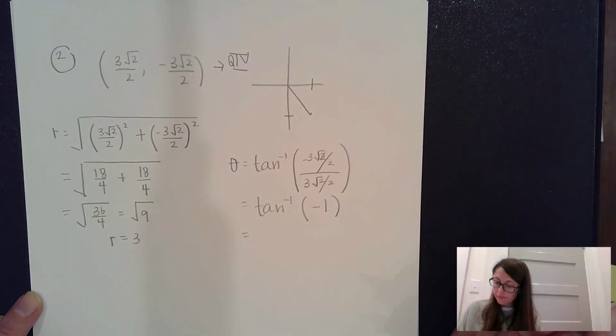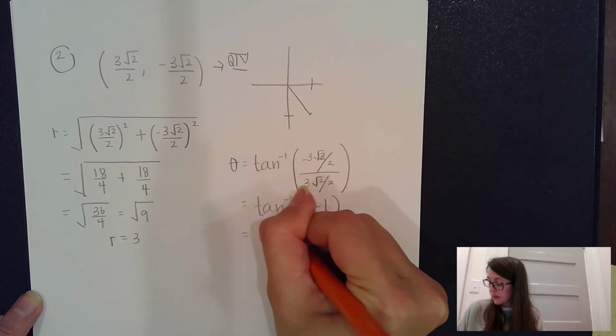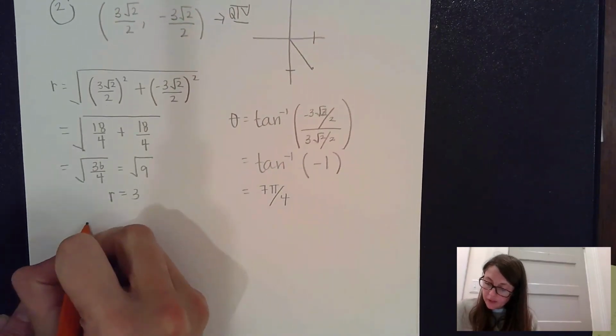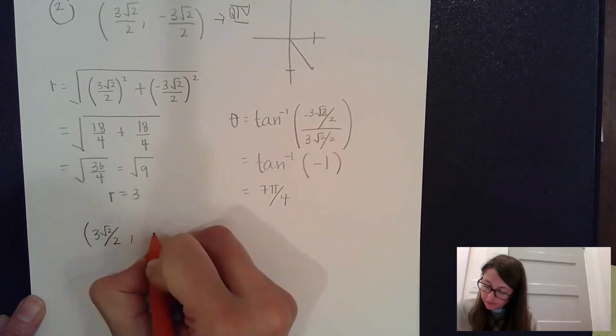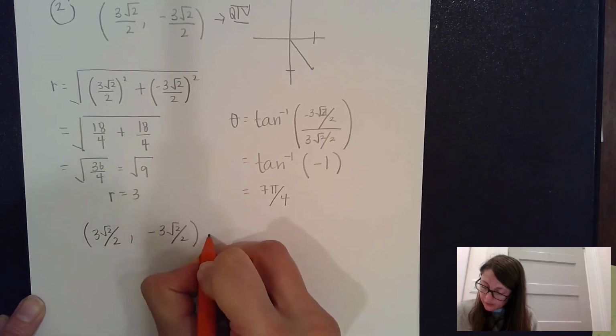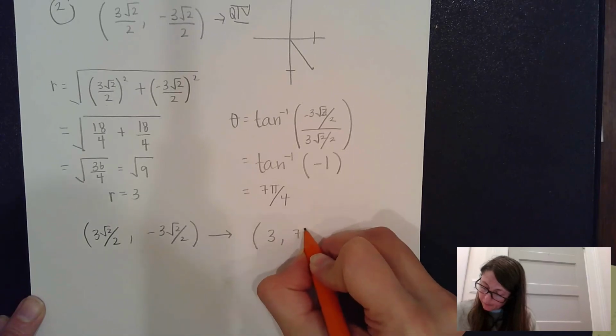Okay, so the inverse tangent of a negative 1, it'll be in the fourth quadrant, so that will be 7 pi over 4. So here is the rectangular value, and here is the polar.